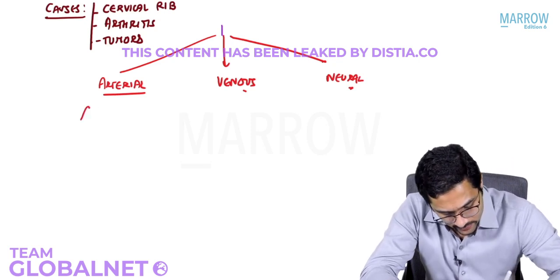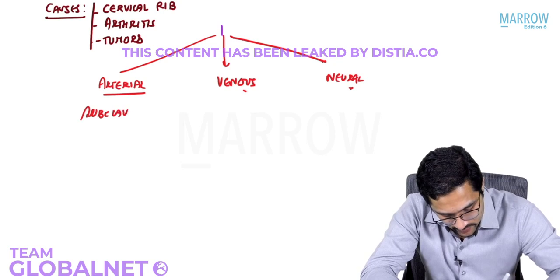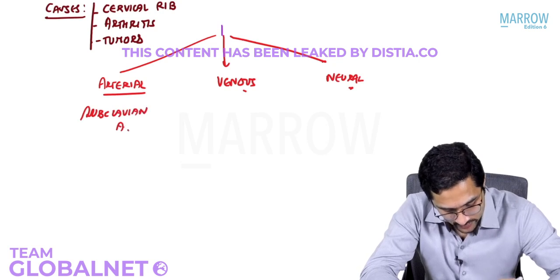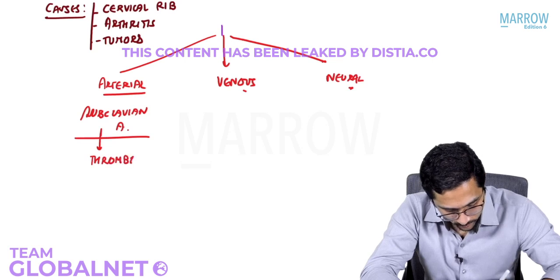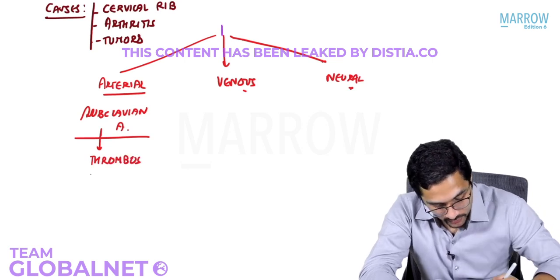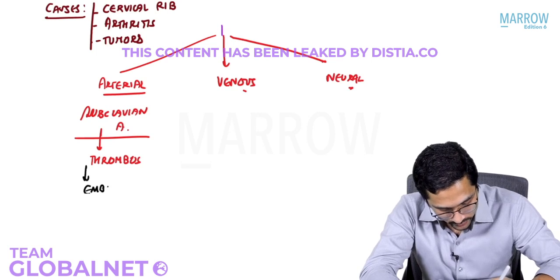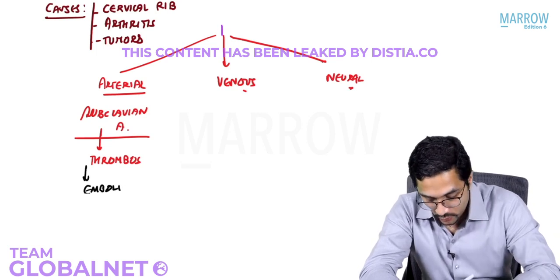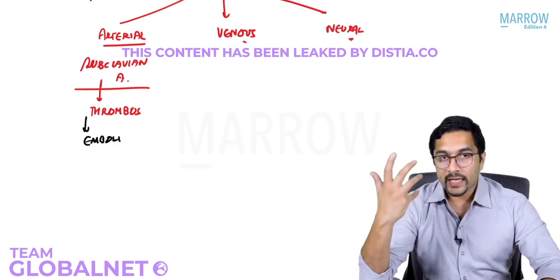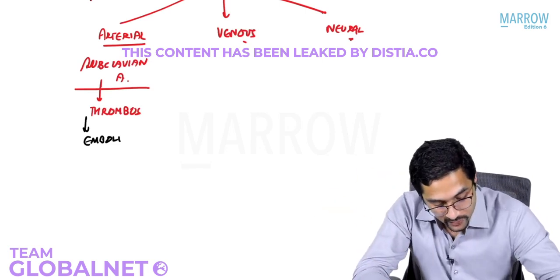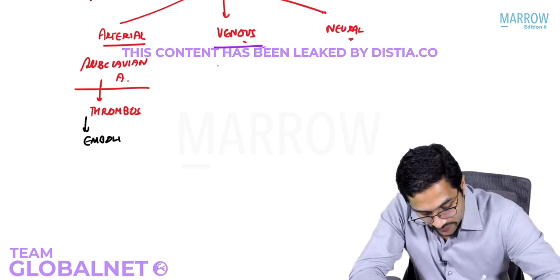Now, arterial: the subclavian artery will be compressed, and there can be a thrombus which can form here, and there can be embolic phenomena. Emboli can also break off from this thrombus and cause distal gangrene, or there can be claudication as well. In the vein, there can be venous thrombosis.